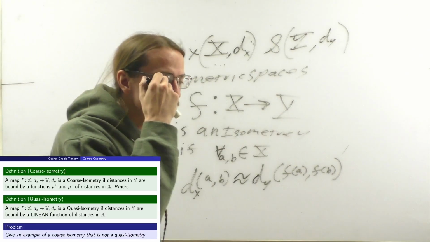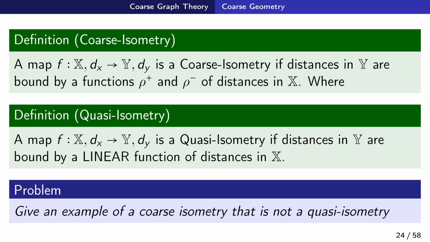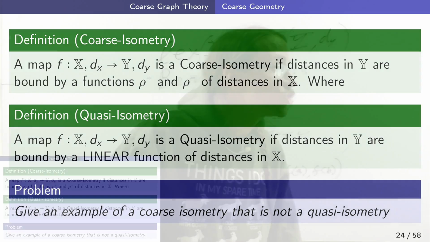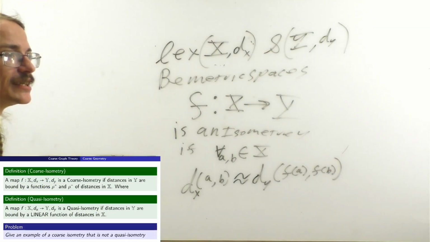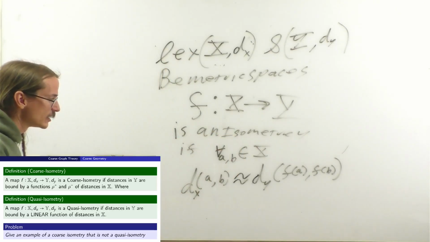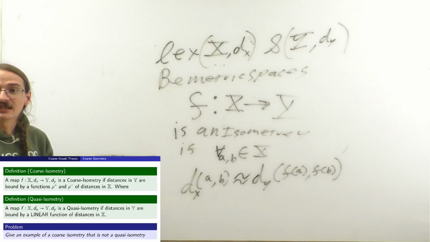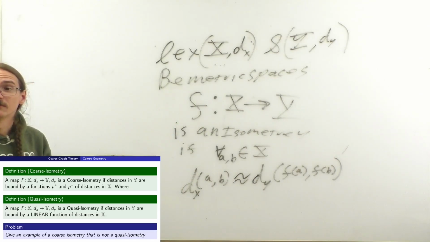Yes. We had isometry. Now we come to the two big ideas that I actually care about. One is a coarse isometry. One is a quasi-isometry. The notion is that in a coarse isometry, this approximately equal to means something.